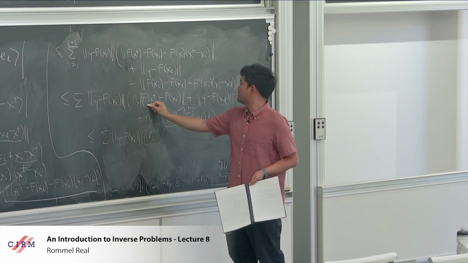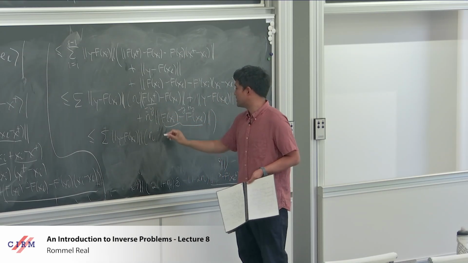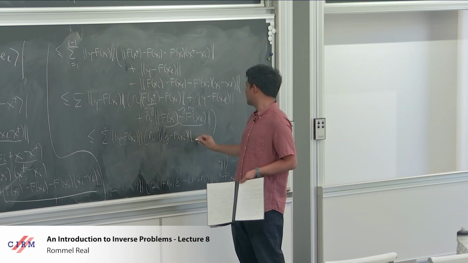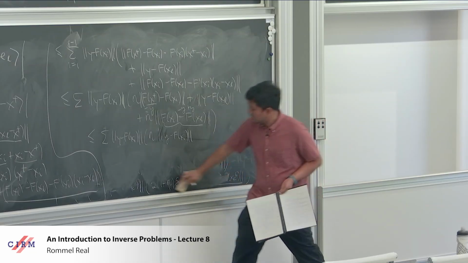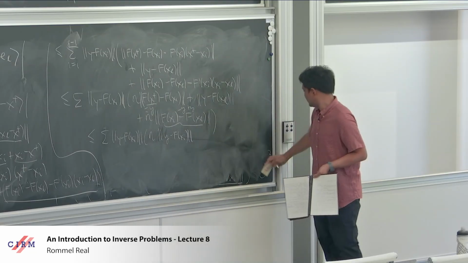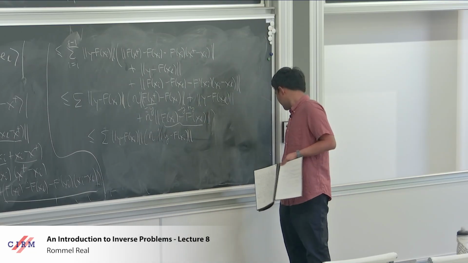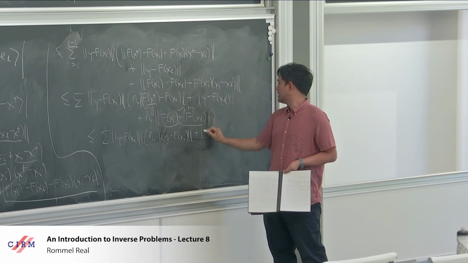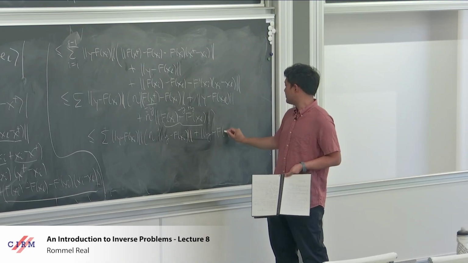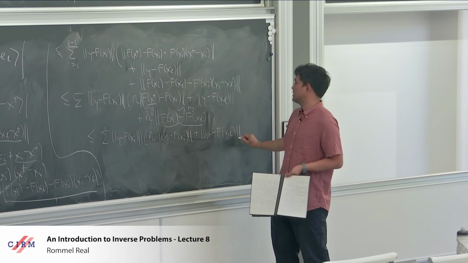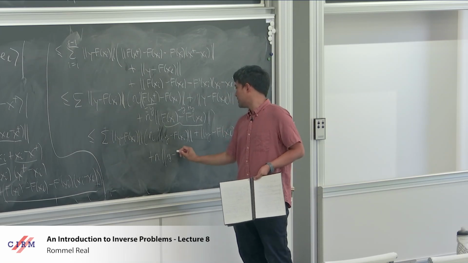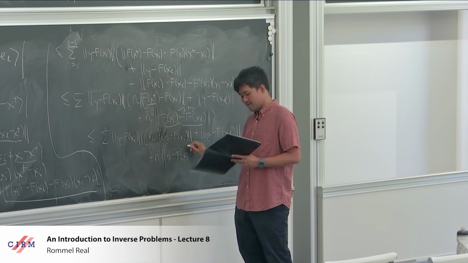And then the x dagger, that's just equal to y, so I'll just put y over there for simplicity. Then plus y minus f of x sub L plus eta times y minus f of xi.